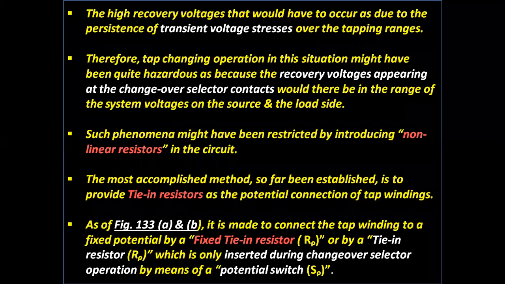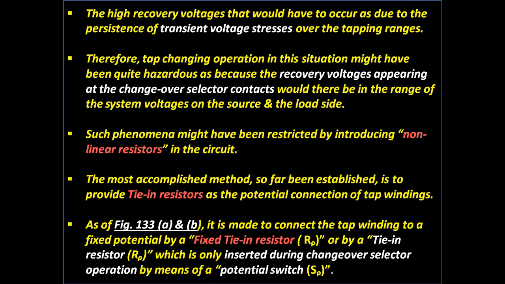Therefore, tap changing operation in this situation might be quite hazardous, because the recovery voltages appearing at the changeover selector contacts would be in the range of the system voltages on the source and the load side.